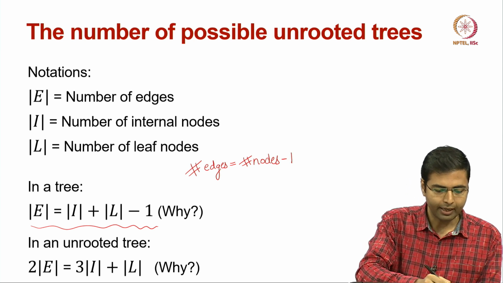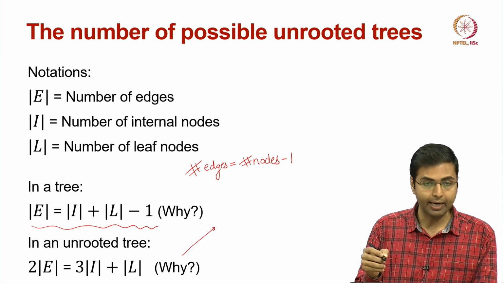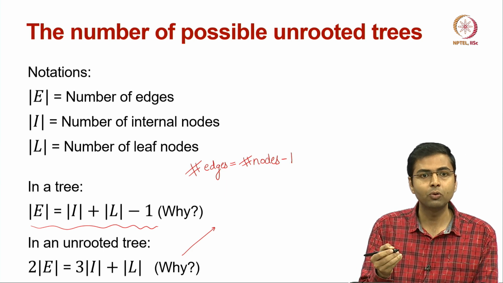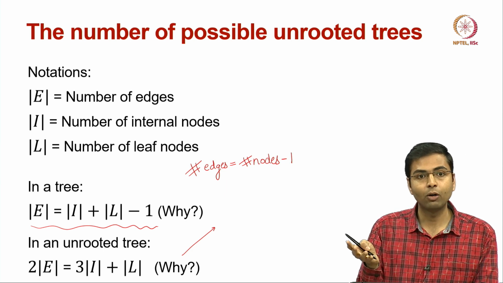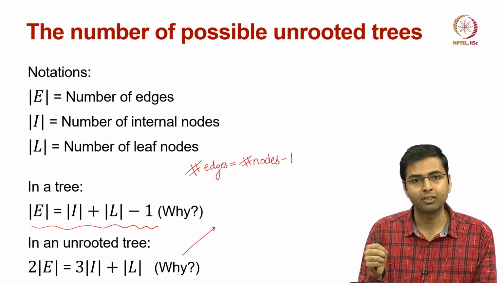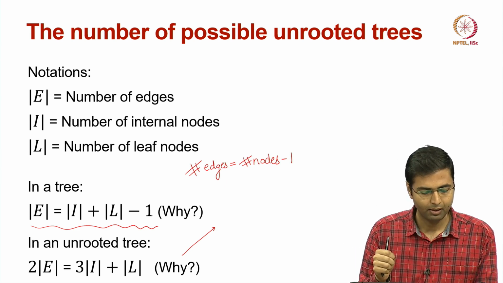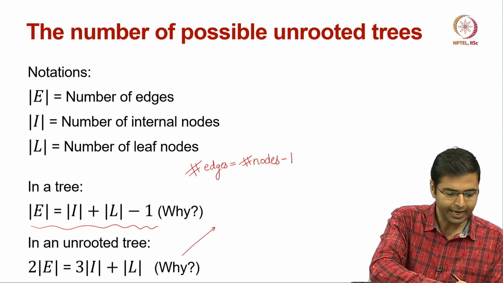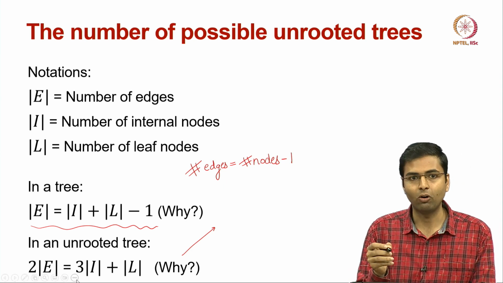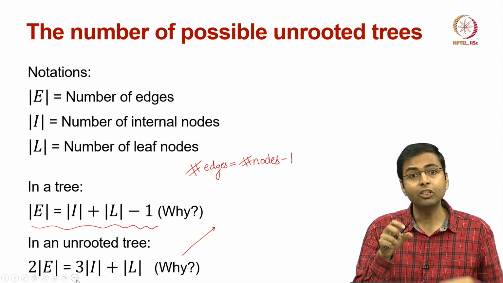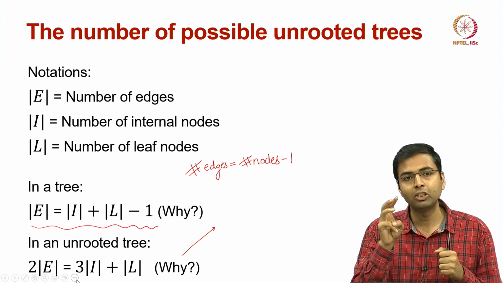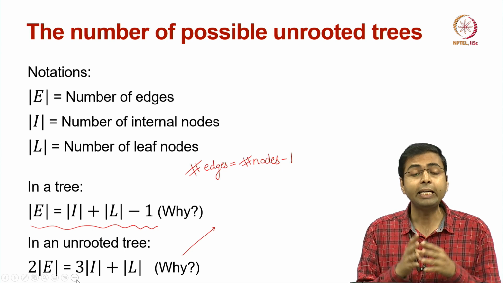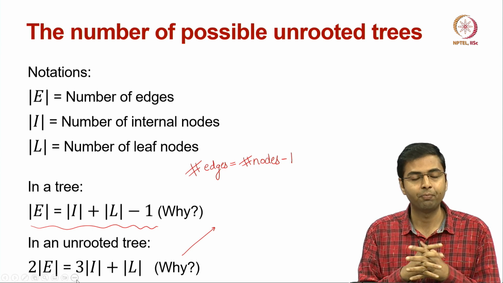Now, the second claim I am making is that in an unrooted tree, 2 times the number of edges equals 3 times the number of internal nodes plus the number of leaf nodes. This is also easy to see, because I am adding up the degrees. Each internal node is connected to 3 edges, so it has a degree of 3, and each leaf node has a degree of 1.